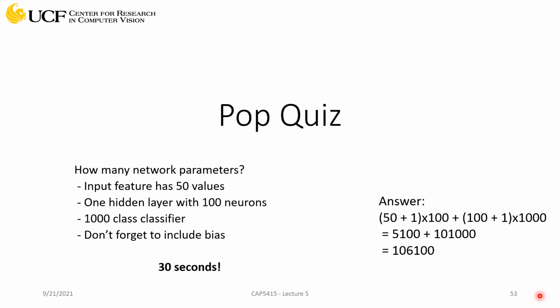And each pop quiz is roughly half of your homework. Okay, and this is either true or false. I don't think there will be partial credit. If you forgot bias in the equation, I think you should not be given partial credit because it says don't forget to include bias. Okay, anyways, so that's fine.